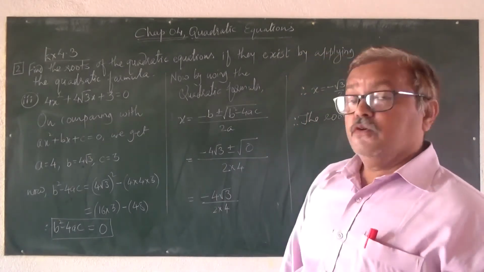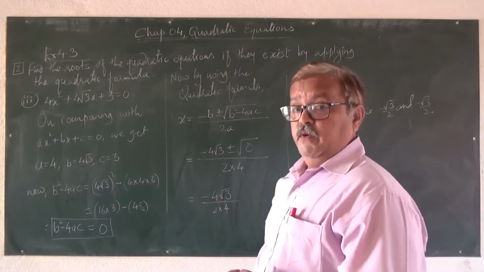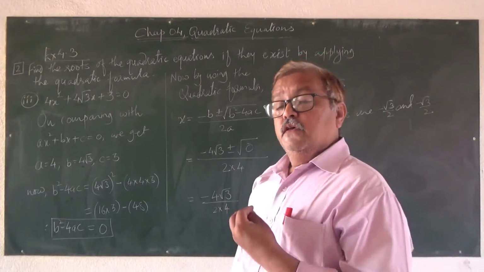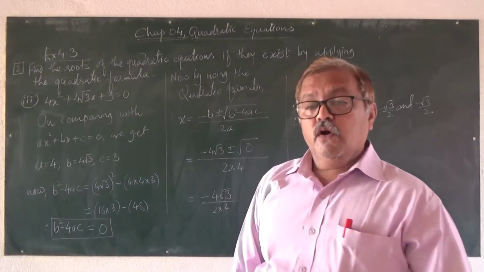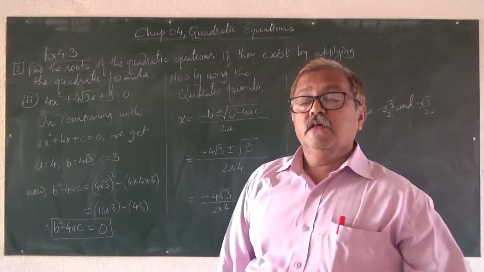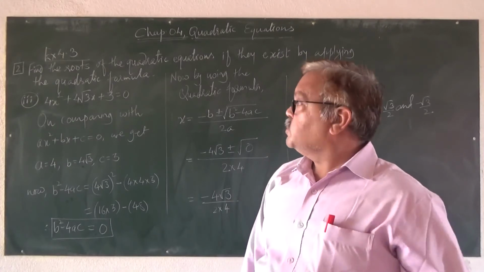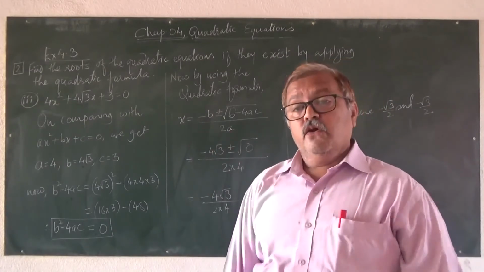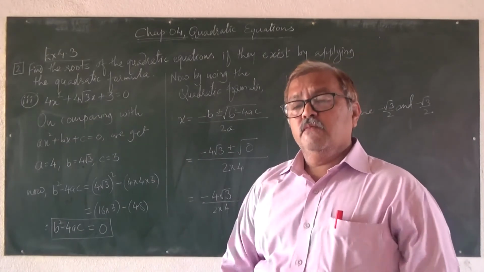Hope you have understood this quadratic formula method to find the roots of quadratic equation. So we have seen three methods: factorization, completing the square and quadratic formula. I will take one more example based on this.